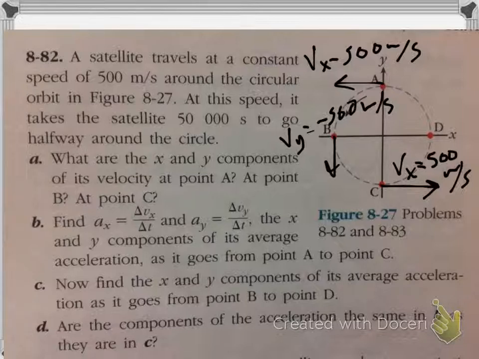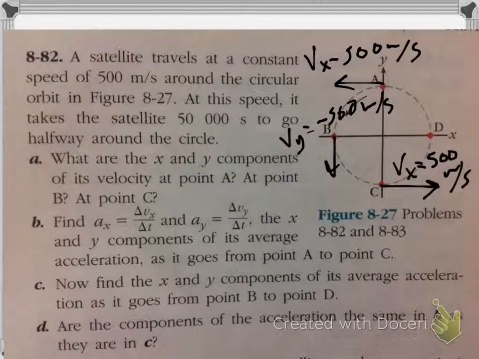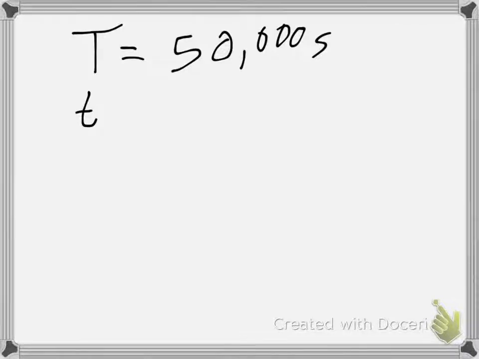Okay, so if we do this the straightforward way, we know that the period to go around is 50,000 seconds, right? So the time it takes to go from A to C would be 25,000 seconds.